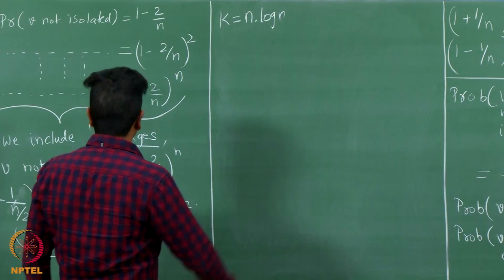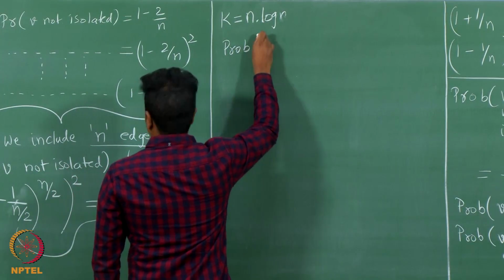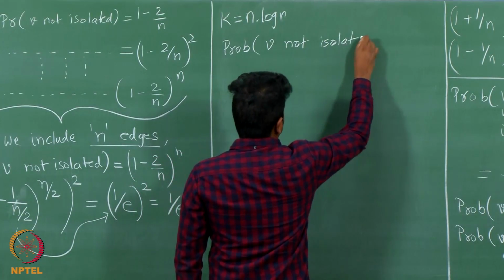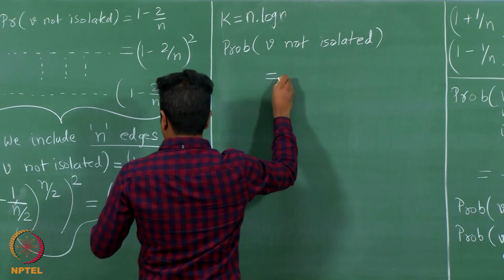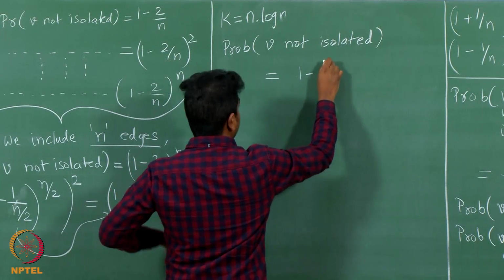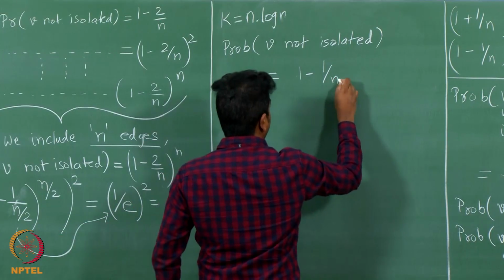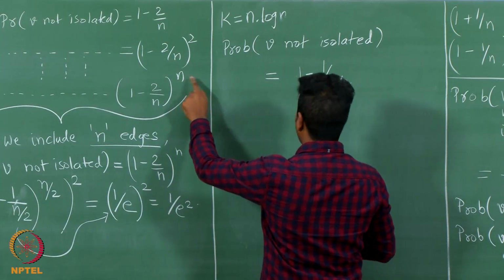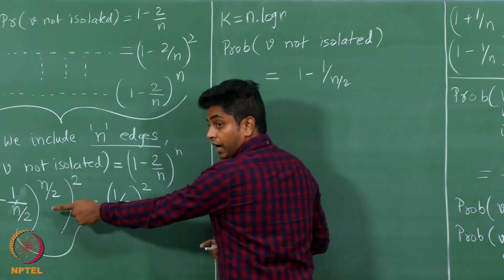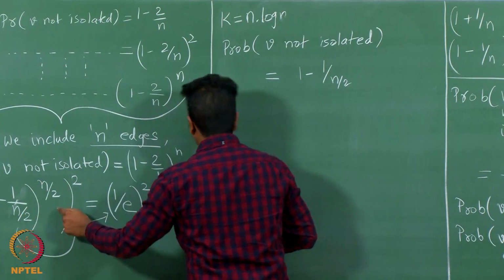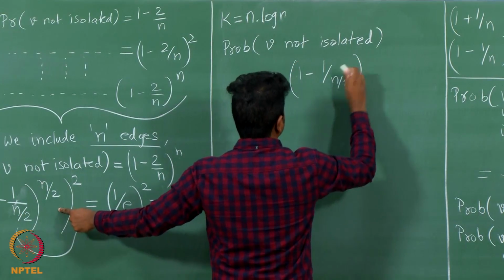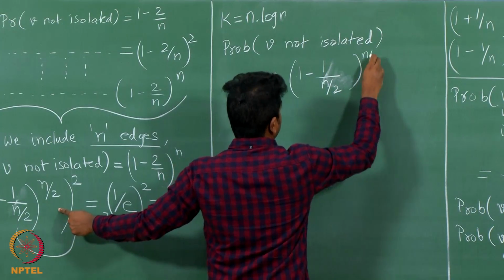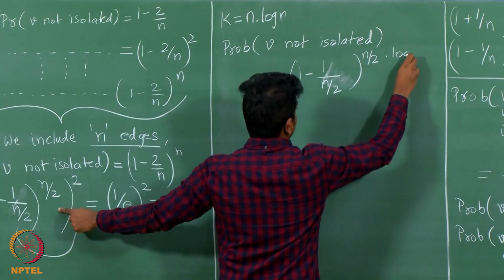If I take k equals n log n, the probability of V not being isolated happens to be, let me rewrite this, 1 minus 1 over n by 2, this thing. Instead of n I should put n log n here, n log n here, n log n here, and this becomes the same thing. I repeat, 1 divided by n by 2 whole to the n by 2 times log n.